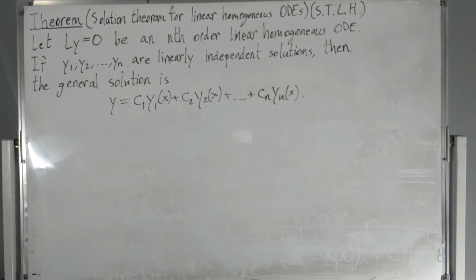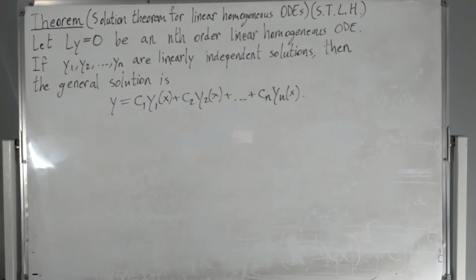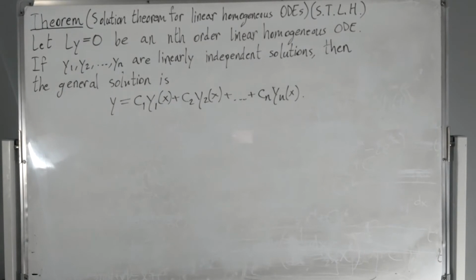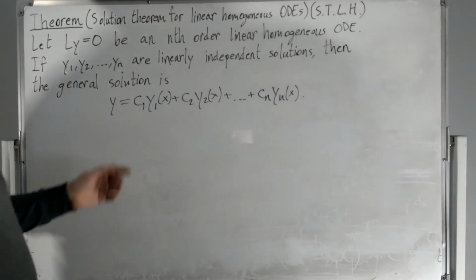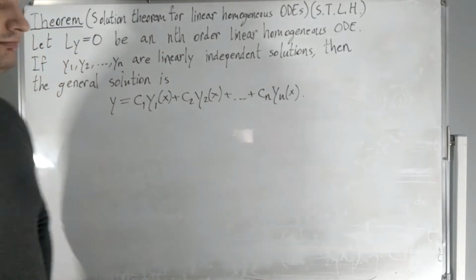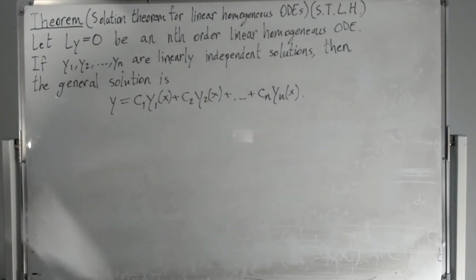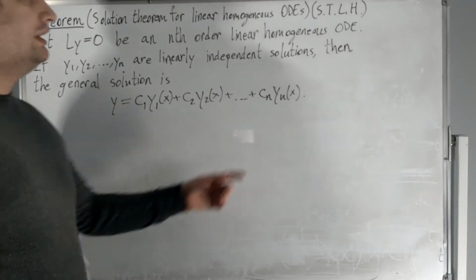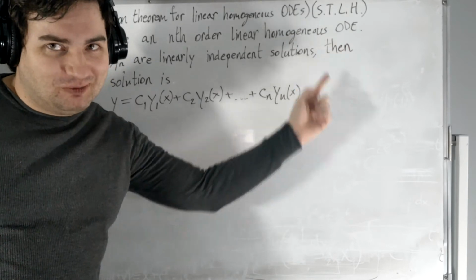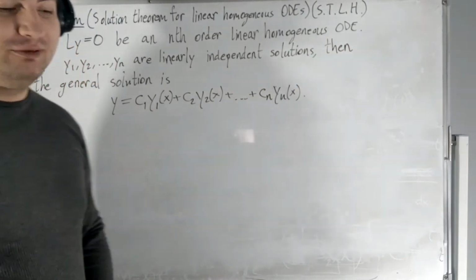In other words, what I'm saying is, if you have n many linearly independent solutions of a linear homogeneous ODE, then you can craft the general solution as just all the linear combinations of those. And that is a very important theorem. That's why I'm abbreviating it as STOLCH. It's because we're going to be referring to it a lot.